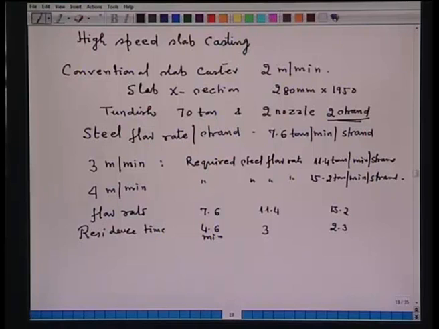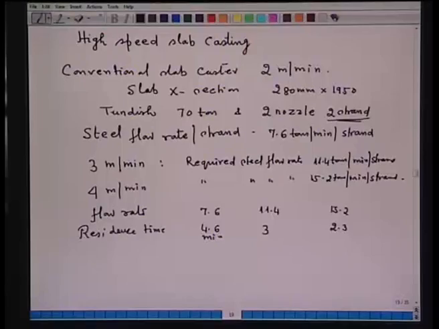Now, based on this calculation, we have to do several technological changes. The first thing that you note from this calculation is that the residence time of the steel is decreasing. Earlier, from the conventional slab caster, the residence time was 4.6 minutes. If you want to go to 4 meter per minute, the residence time comes down to 2.3 minutes.